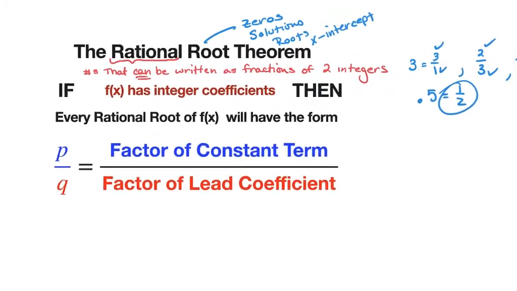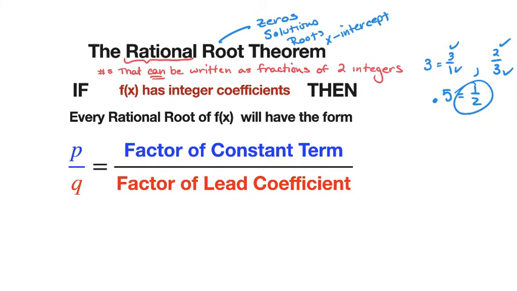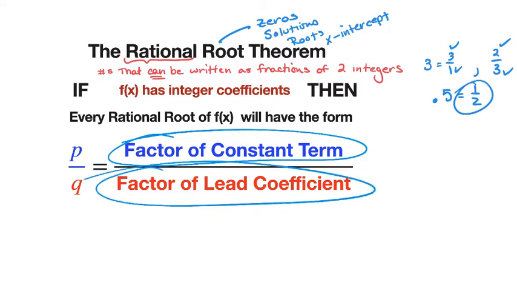And the way we come up with this list of possible solutions is we just look at the factors of the constant term over the factors of the lead coefficient term. So let's look at this in practice.